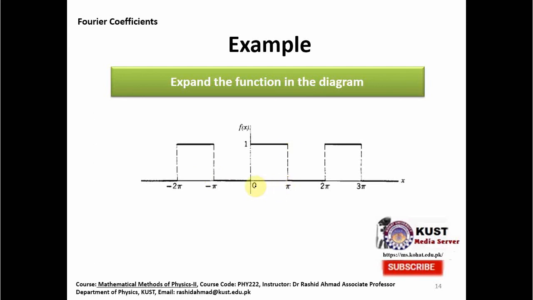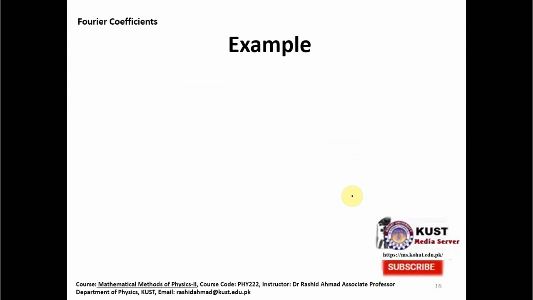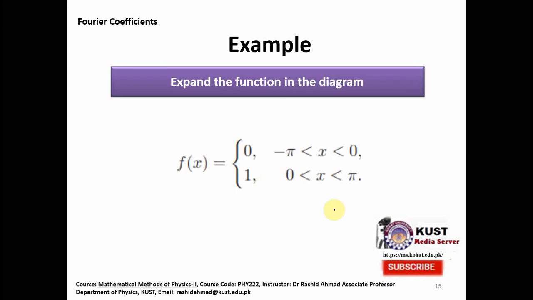But unless you sketch it, you won't see from this mathematical form what the real expansion of the function is. So it's important that when you have the mathematical form, you also sketch the function in order to see the complete expansion.